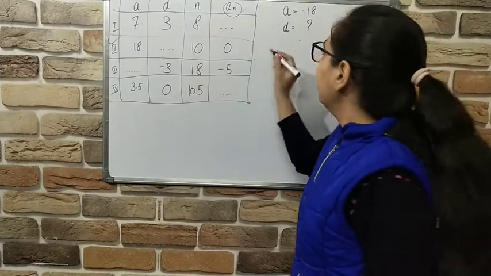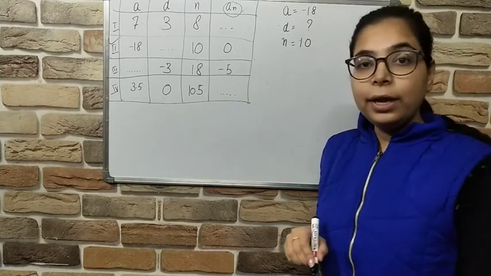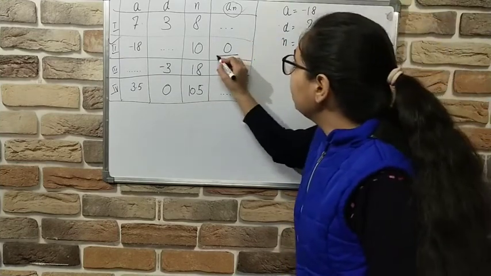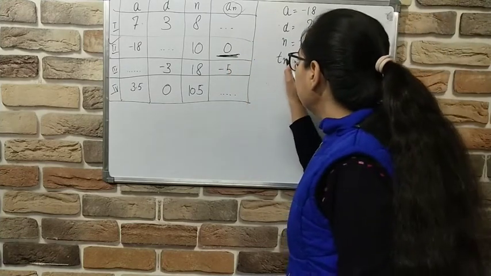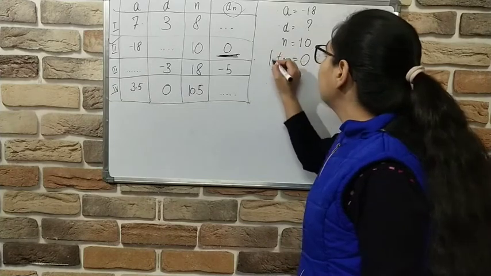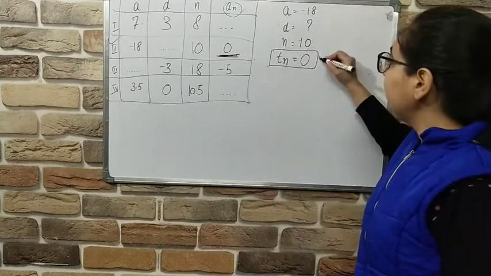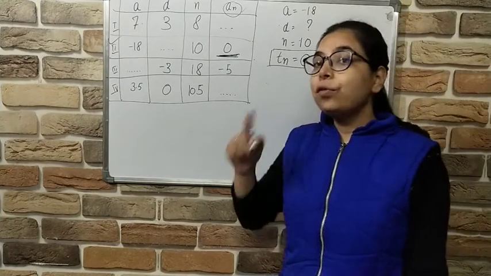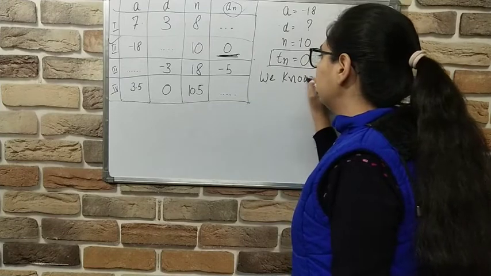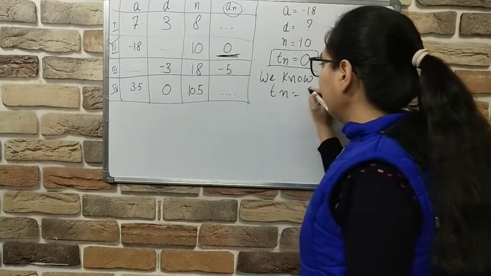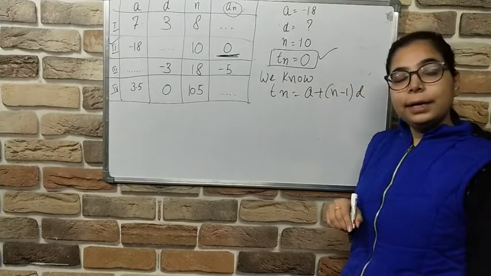And n is equal to 10. We are given the nth term, that is Tn, which is equal to 0. We have Tn and we also know the formula: Tn is equal to a plus n minus 1 into d.